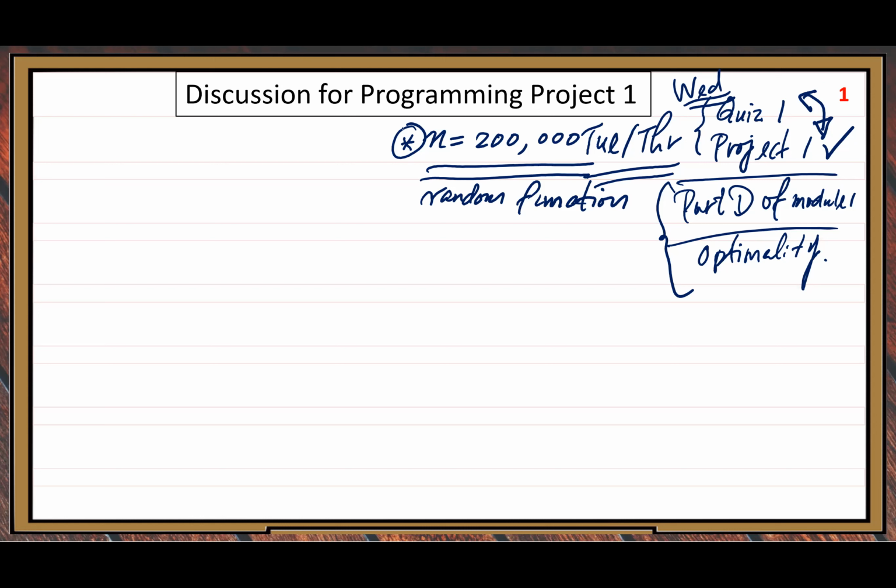Let me repeat that 3 methods again. The first one, the brute force method. That's just you calculate a polynomial directly. So use your usual way to do the calculation. All right, brute force method.